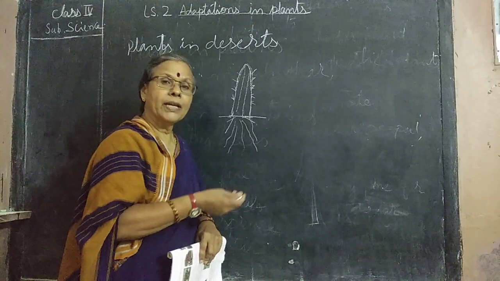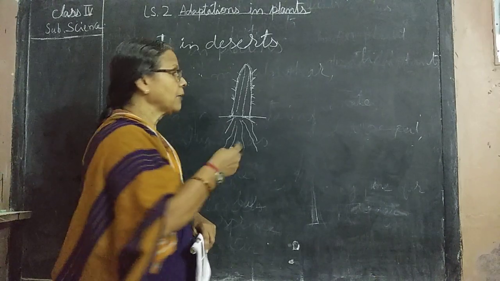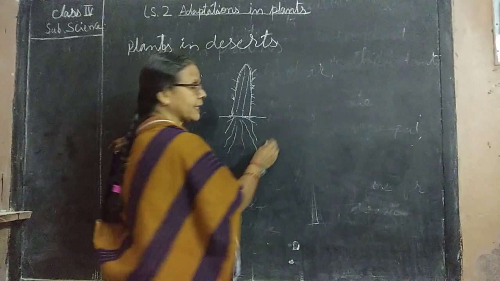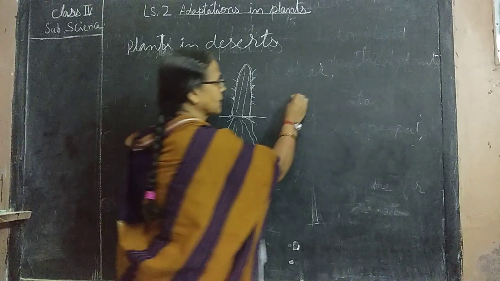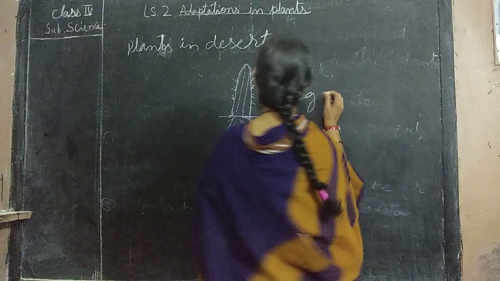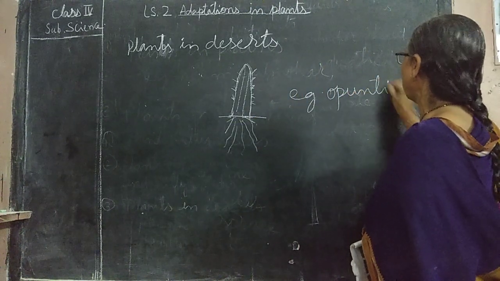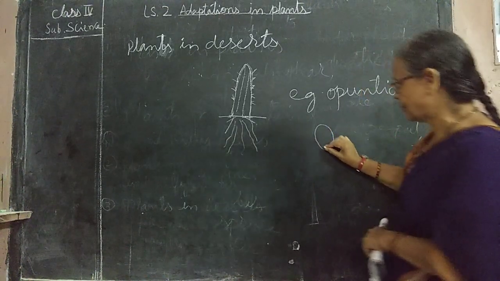Whenever the rain falls again and they get water, it becomes green in color. So the examples, barrel cactus and opuntia, are the best examples. Example is what? Opuntia.